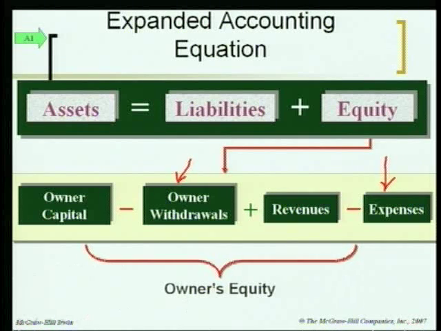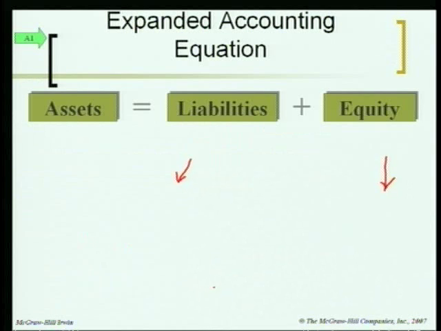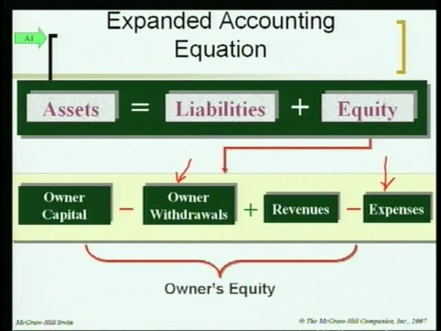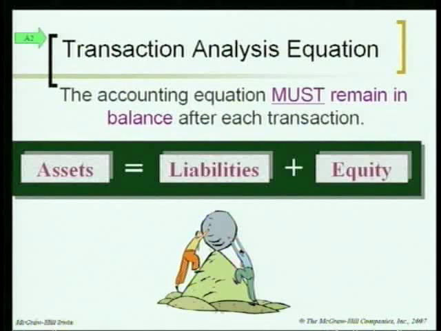Now, we don't use that as much as the basic one, but I do want you to realize, and we'll emphasize this again, that withdrawals and expenses are the two items that cause equity to decrease. When those items increase, equity actually decreases. Does that make sense? Okay. Once again, boy, how many times have I said this? The accounting equation must remain in balance after each transaction.